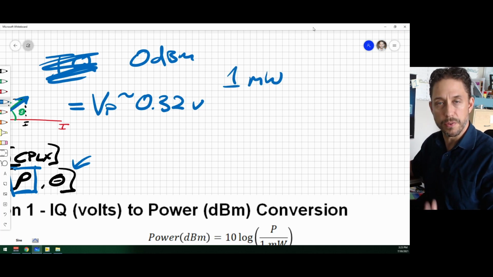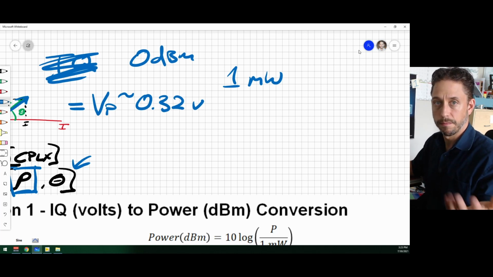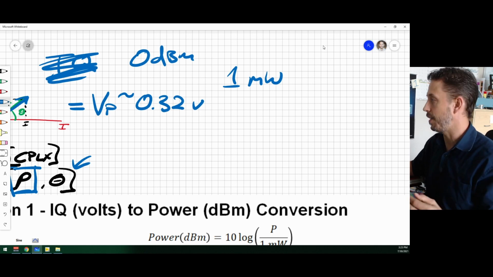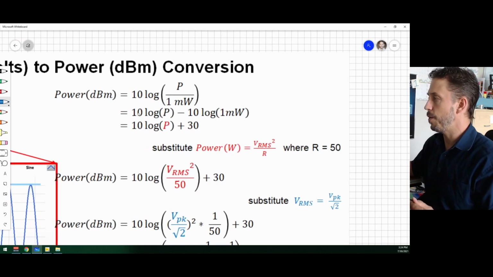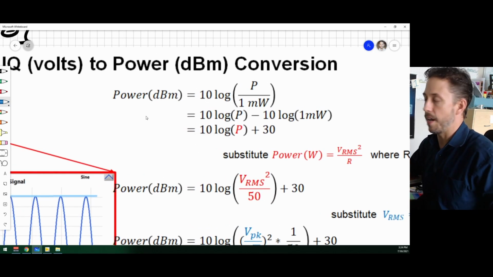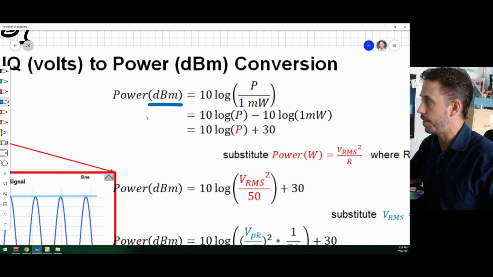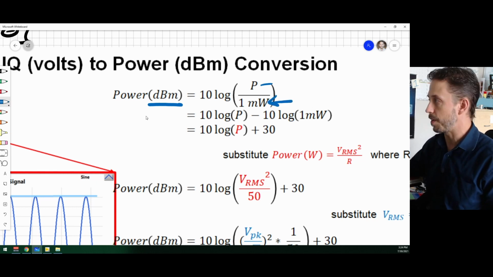Okay, so let's work through the math to figure out how we take this value of volts peak and eventually get back to how many milliwatts that volts peak gets us. So we know a couple different things about power conversions. In particular, when we're talking about things in the units of dBm, it is a logarithmic ratio of power to 1 milliwatt, and that's a very important distinction.